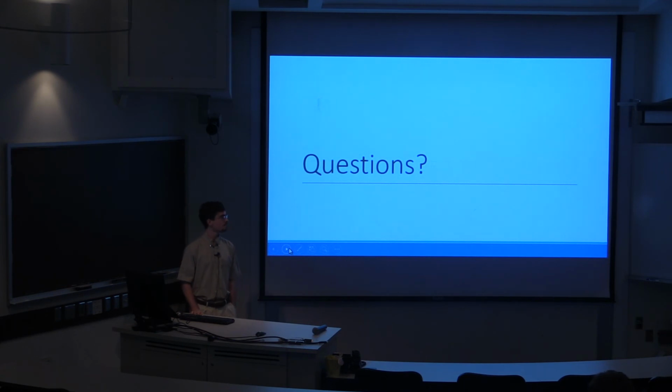Can I ask a question? What is your hypothesis on what results you'll get with the different methods? So similar research was done in about 2007 or so, and it found that earlier AQMs showed some promise when they were using ECN, but the benefits weren't that dramatic over drop-tail queuing.